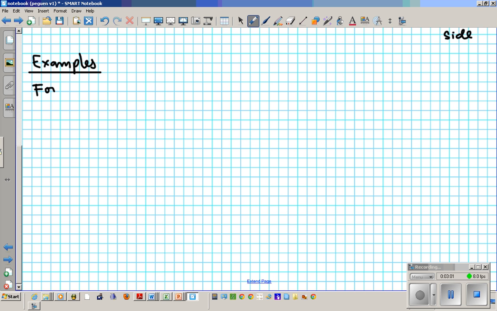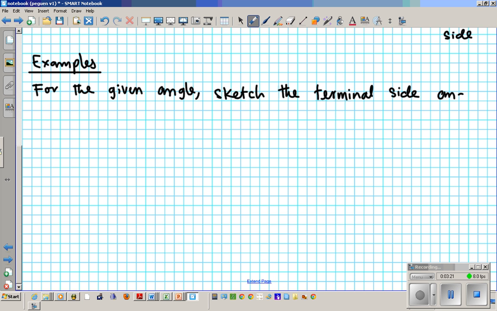For the given angle, sketch the terminal side and specify what quadrant that lies in.